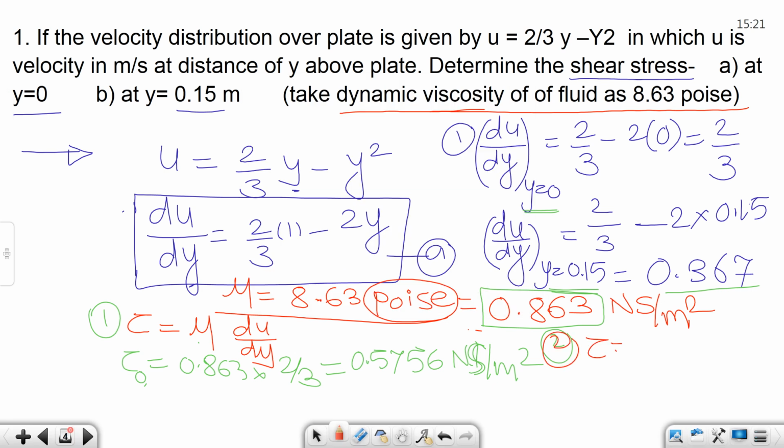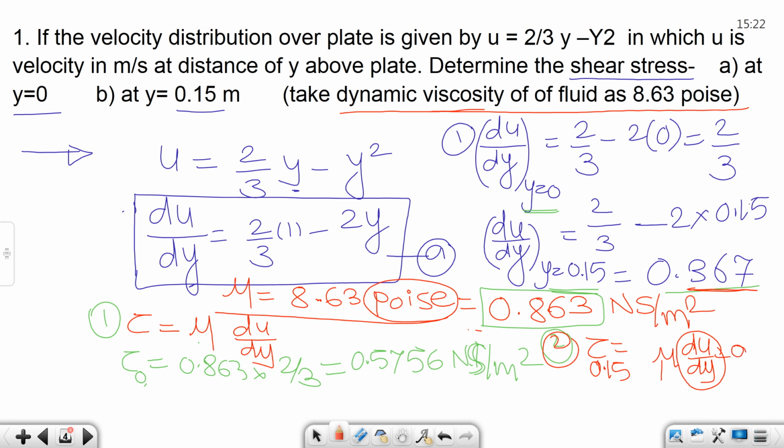So now tau at 0.15 is equal to mu into du by dy. Mu is 0.863 and the value of du by dy at 0.15 is 0.367.